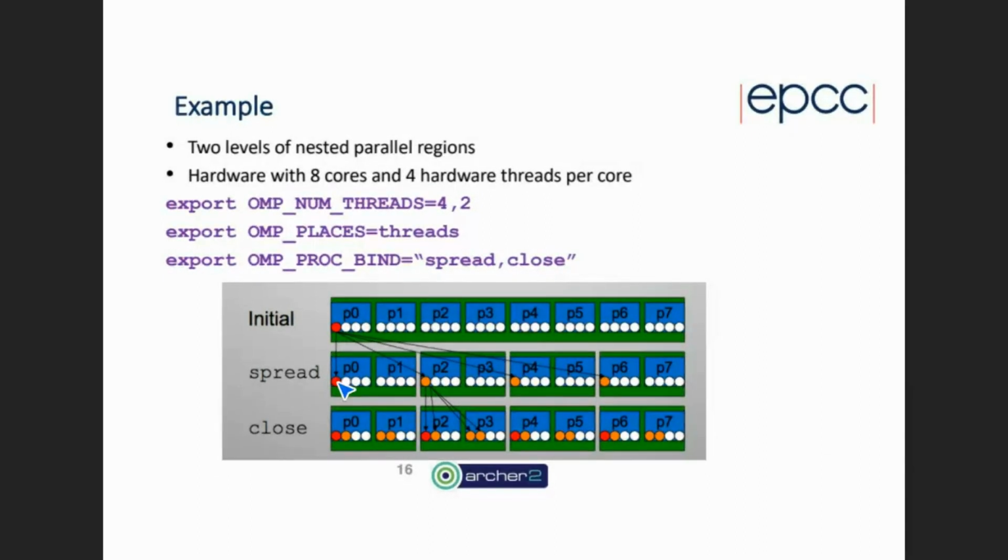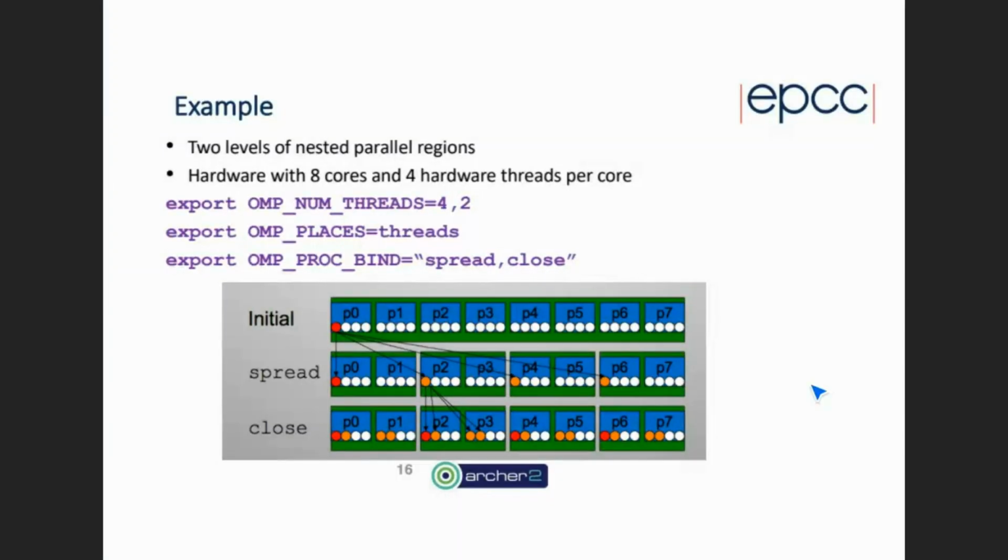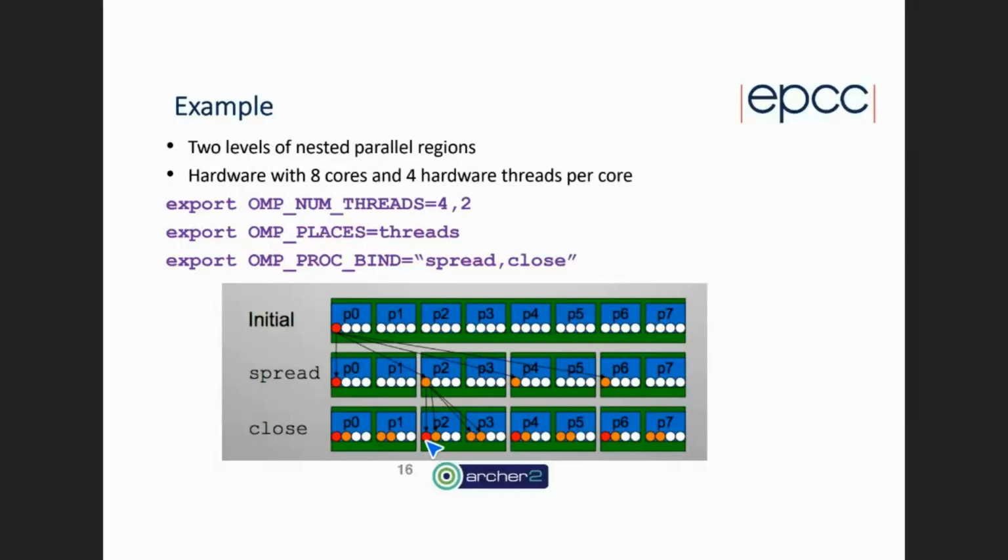And then at the top level, the threads are going to be spread out as far as possible, equally spaced across the threads and cores. And then at the bottom level, the actual meaning of close here will result in this pattern.